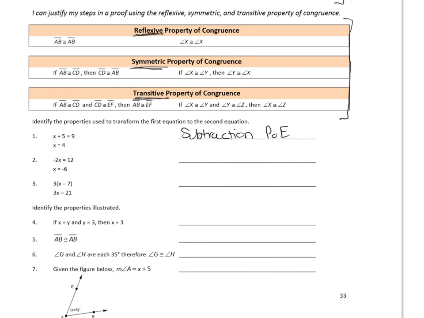Then, number 2, we had to use division property of equality to get from negative 2x equals 12 to x equals 6. And then here in 3, quite clearly what I had to do was distribute. So it was the distributive property of equality over subtraction, because that's the symbol it's moving over.